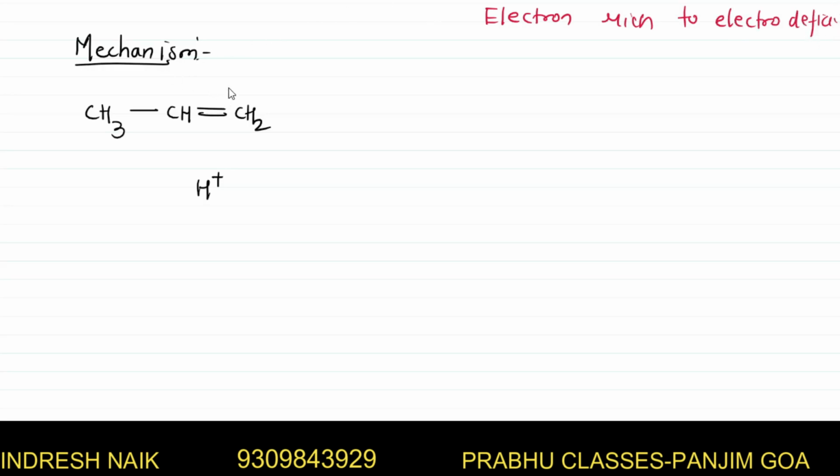A compound having a carbon connected to a double bond, meaning a pi bond, is considered electron rich, which means the electrons can be donated.